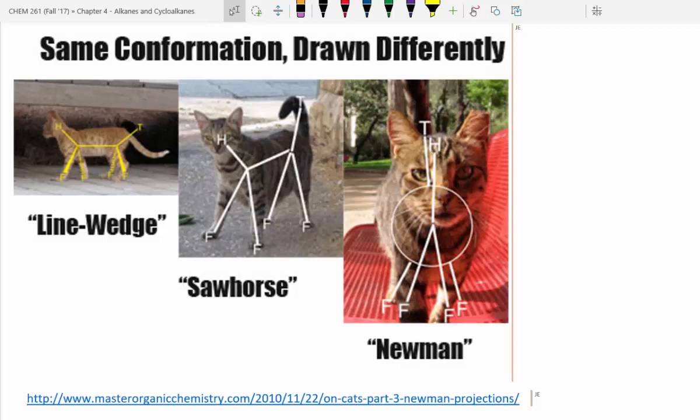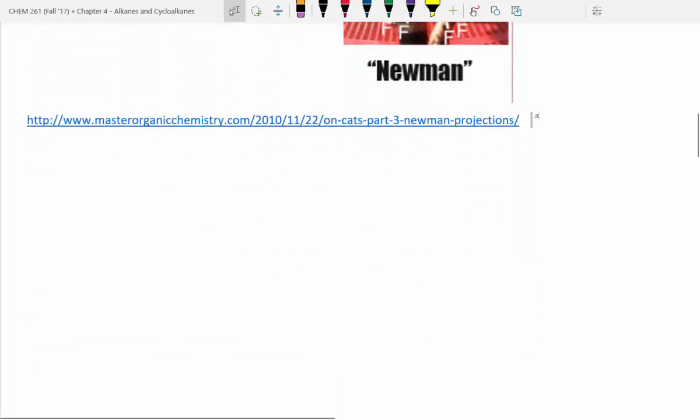We've just kind of looked at the cat on the side. And then you can do the Newman projection where you're looking straight down the front of the cat, right? It's the same cat, you're just looking at it from different angles. That's really the main difference between line wedge and Newman projections. So if you are kind of stuck on this stuff, his website makes it a little bit more interesting to learn about. My own personal plug for him.